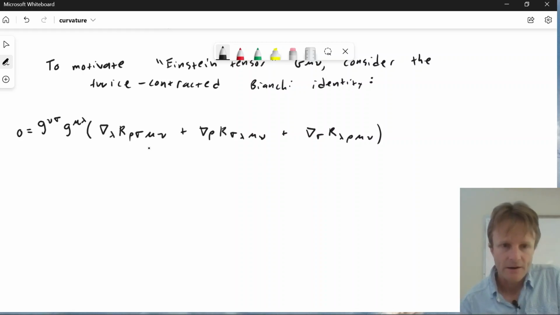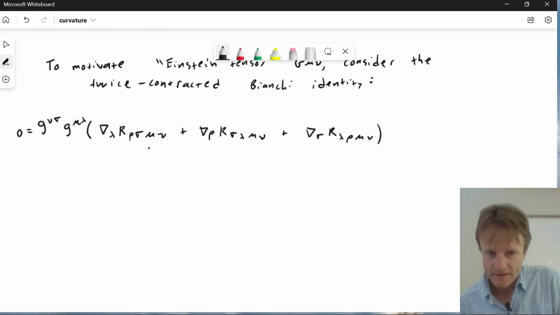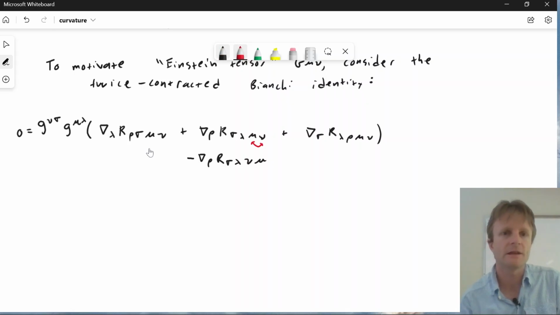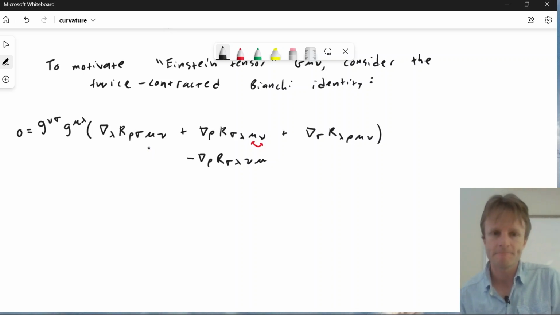So what can we do here? Notice that this term is equal to minus del rho R sigma lambda nu mu. I'm swapping the last two indices here, getting a minus sign. That was one of the properties we talked about.